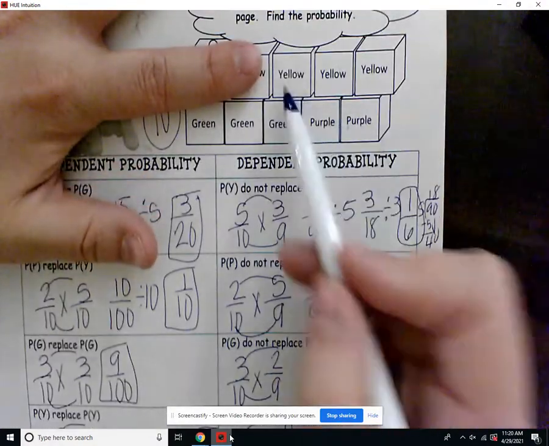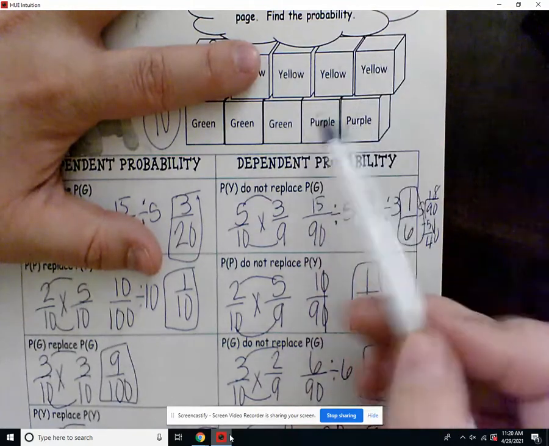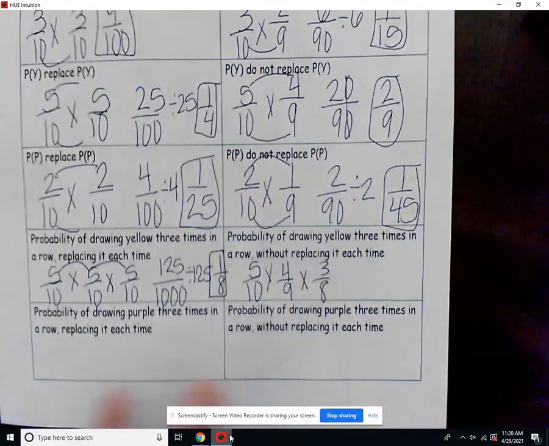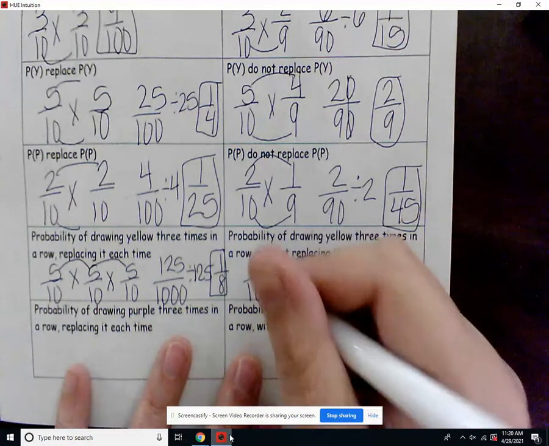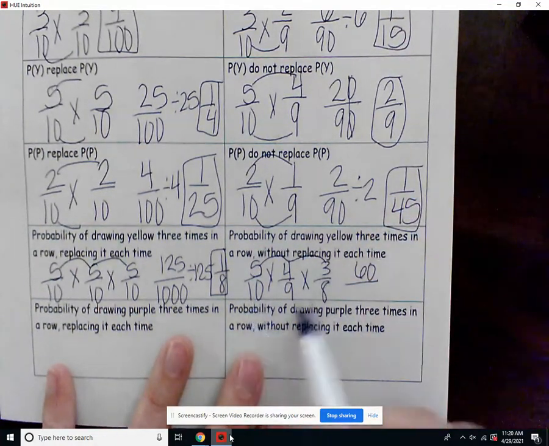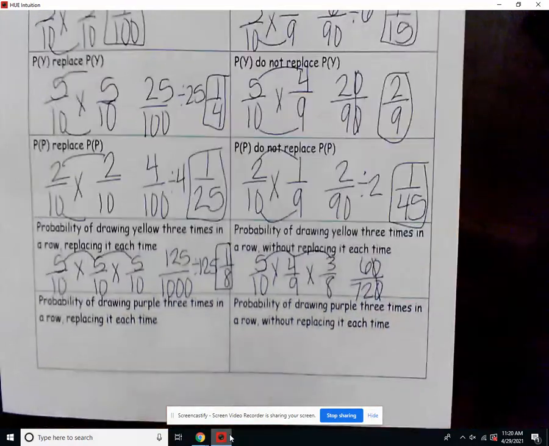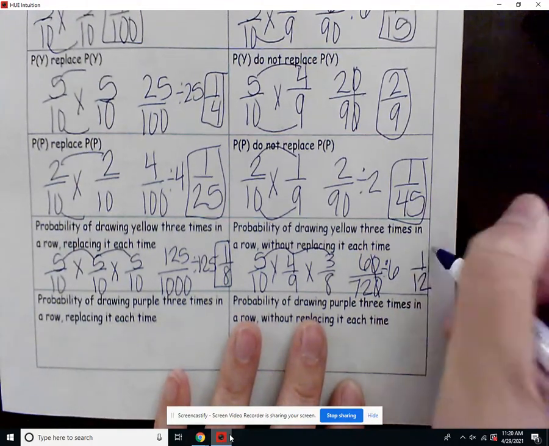And this time I have 3 yellows remaining out of 1, 2, 3, 4, 5, 6, 7, 8. So I have 3 out of 8. So I'm going to multiply 5 times 4 times 3. So 5 times 4 is 20, times 3 is 60. 10 times 9 is 90, times 8 is 720. I'm going to mark out a 0. I can divide by 6, and I get 1/12.